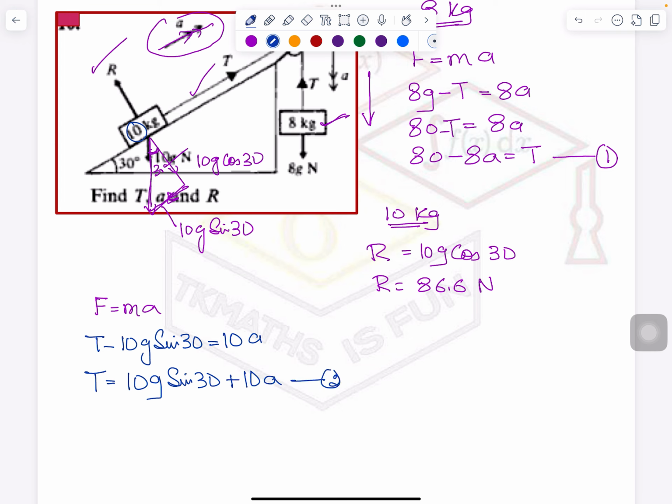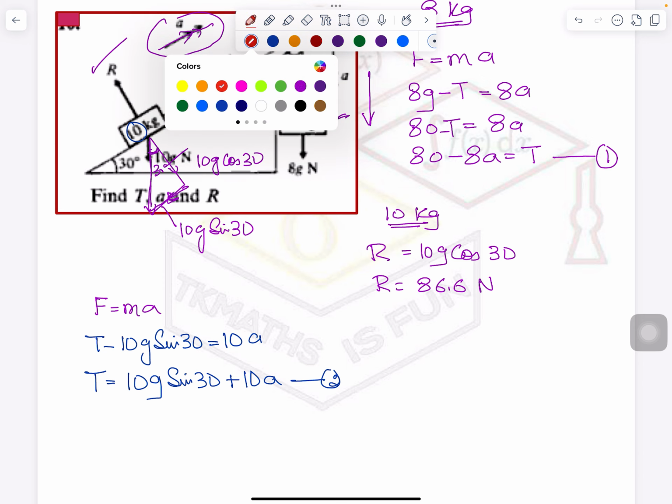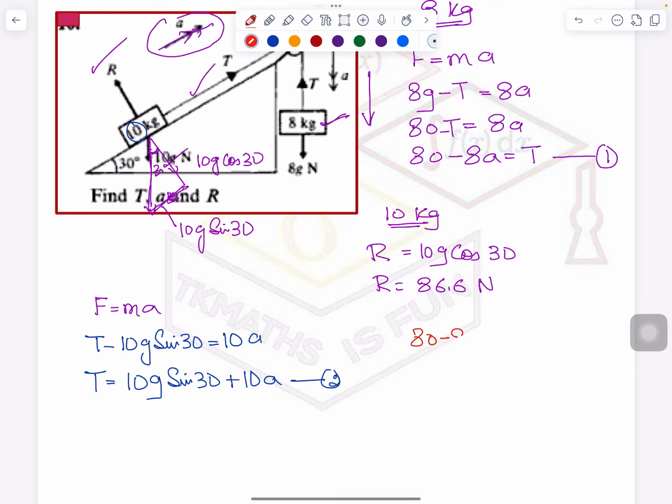Now solving equations 1 and 2 together, let me change the color of the pen. So it will be 80 minus 8a, and in place of T I am substituting this value of T: 10g, instead of g I can write 100 because 10 times 10 is 100, sin 30 plus 10a, right?